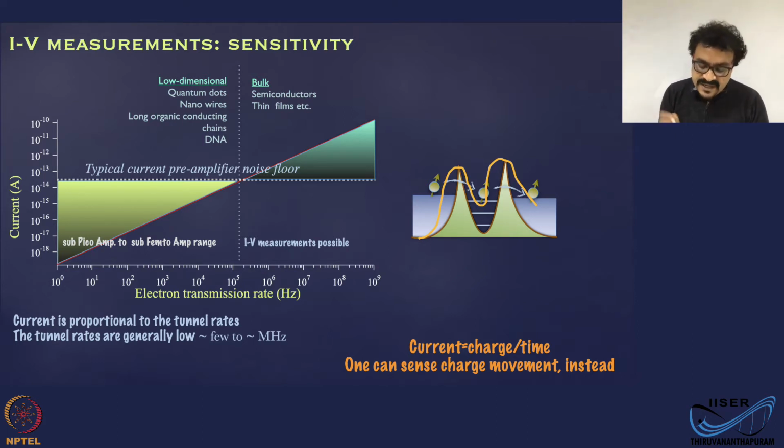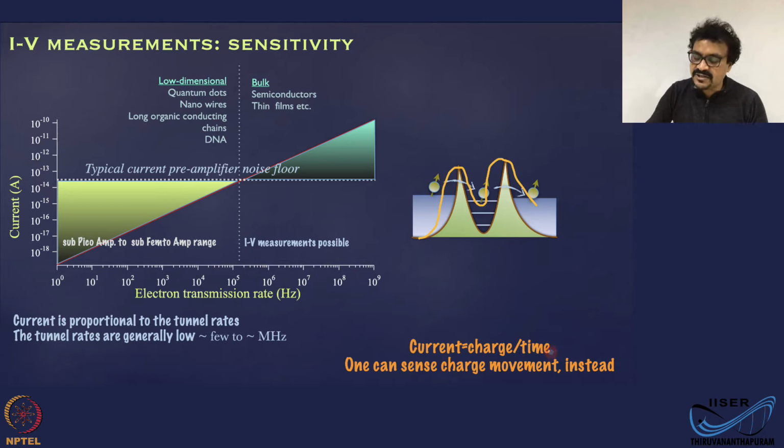So, in a nutshell, the current is proportional to tunnel rate, and tunnel rate for many of these low-dimensional systems that we encounter are below a few megahertz, can be in kilohertz, where conventional current measurement is not possible. And one can sense a charge movement. That is probably the solution to it.